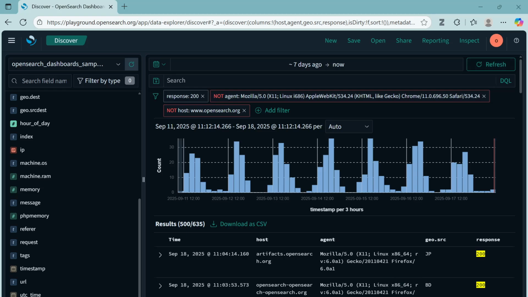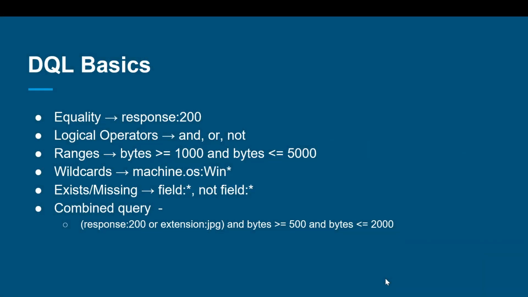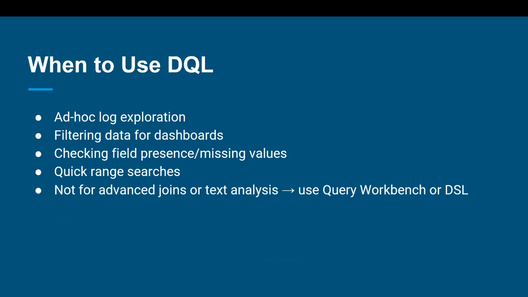Now we'll talk about when to use each. As I said, DQL is great, but sometimes you need something more powerful, for more complex searching. DQL is only for ad hoc log searching, when you need some basic filtering, you want to see whether some fields are there, or you need to search in a specific data range.